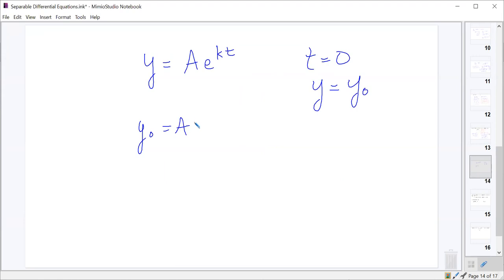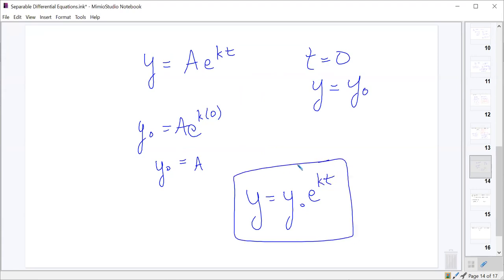I'll put an equals there. y naught equals A e to the k times 0. And what's k times 0? Should be 0. And what's e to the 0? 1. And A times 1 should just be A. And so that gives us the formula that you're probably even more familiar with, y equals y naught e to the kt. And that's your basic exponential growth and decay formula.